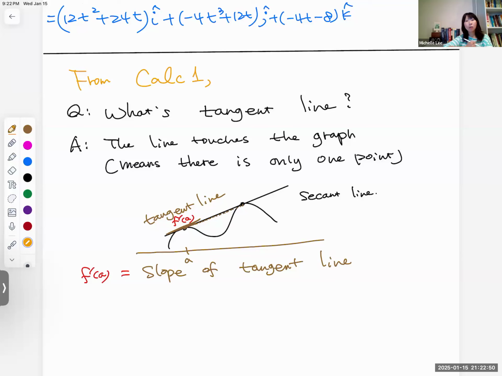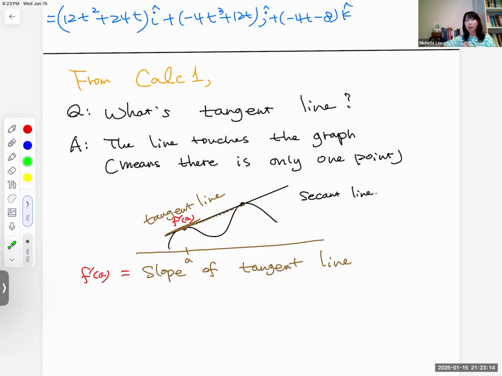Okay, so from calculus 1, what is a tangent line? A secant line means that we have 2 points and connect. Then those 2 points get closer and closer to each other, until there's only 1 point. That 1 point we call the tangent line.